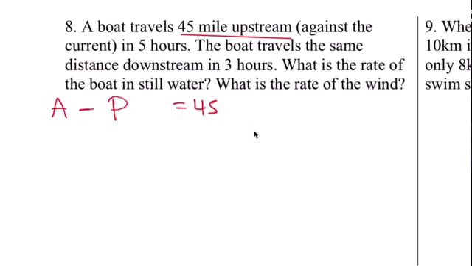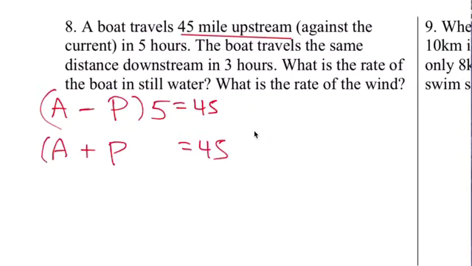Against the current in 5 hours. The boat travels the same distance downstream, 45 miles. It's going down, so we'll put same P. That'll help push it going down, so it's a lot faster, in 3 hours.